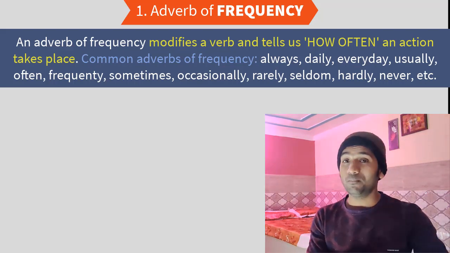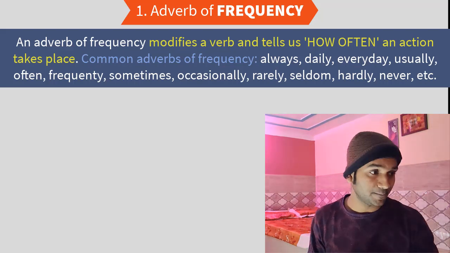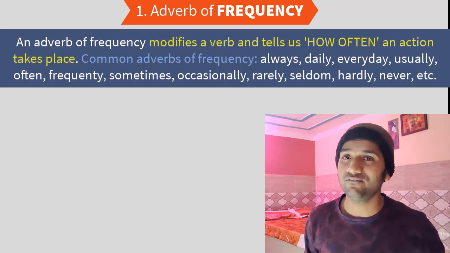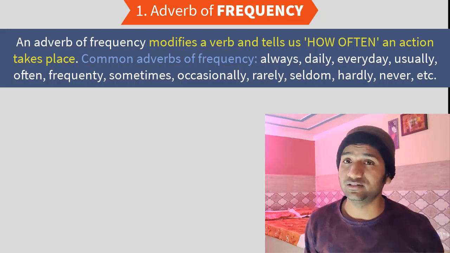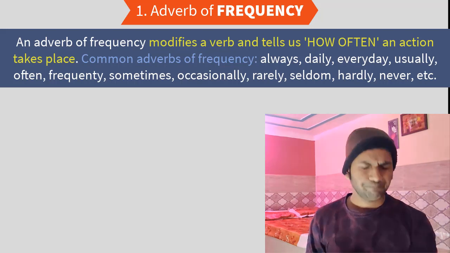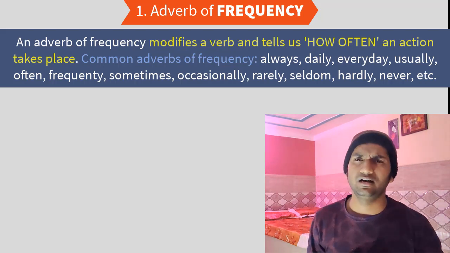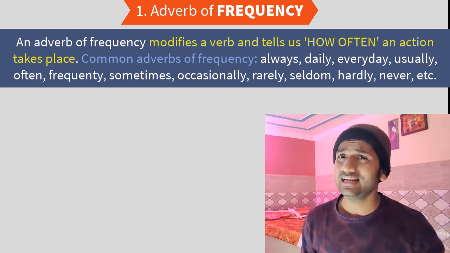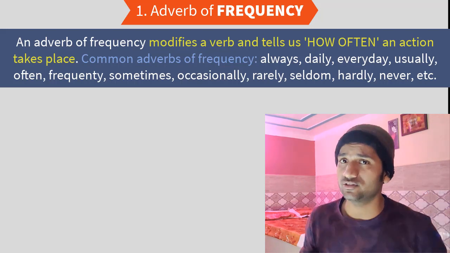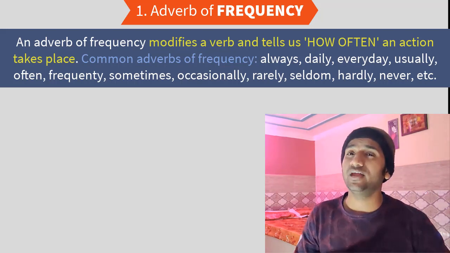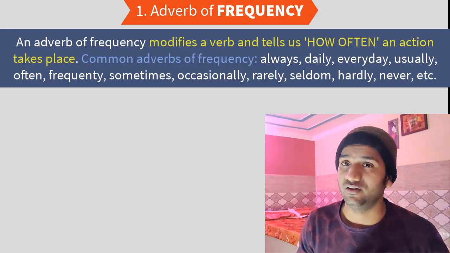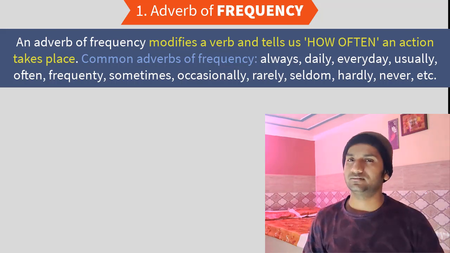And here are some common adverbs of frequency, like always, daily, every day, usually, often, frequently, sometimes, never, hardly, seldom. All the adverbs that you see on the screen, these are the most common adverbs of frequency.